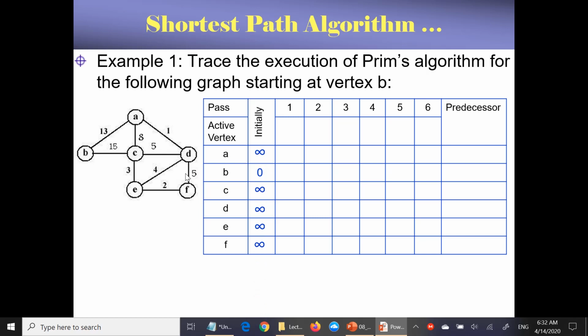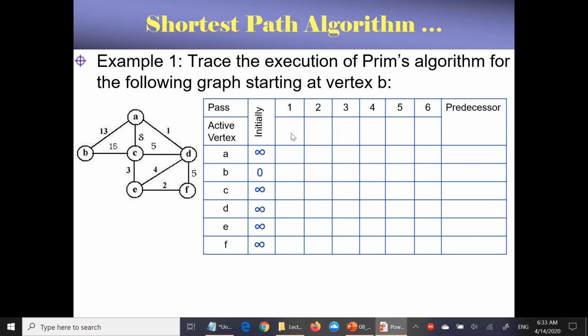Okay, so then we start the process. The process simply involves 4 things. 1. Finalizing the vertex with the minimal cost. 2. Identifying its predecessor, if there is any. The first time, of course, there is no predecessor. 3. Making that vertex to be your next active vertex.